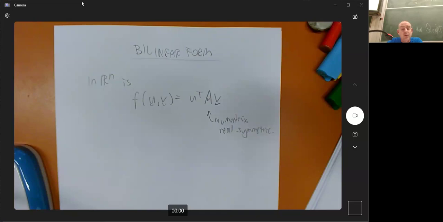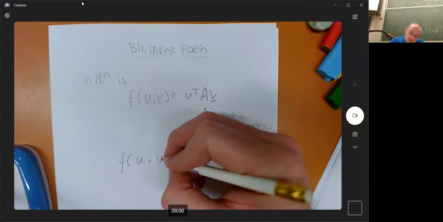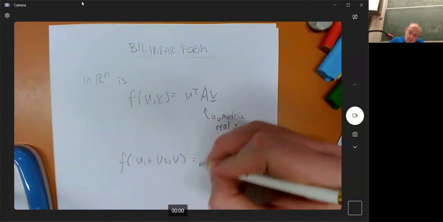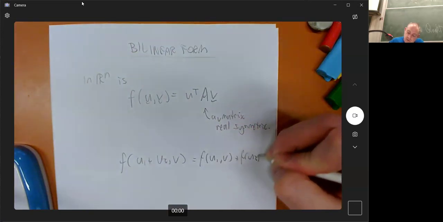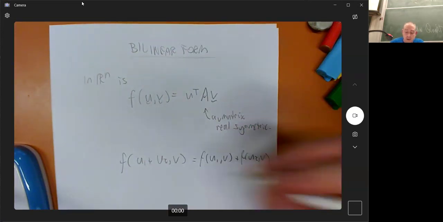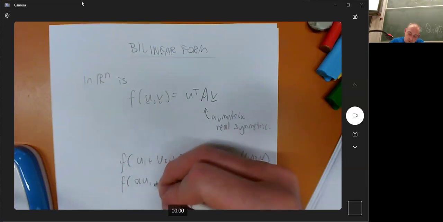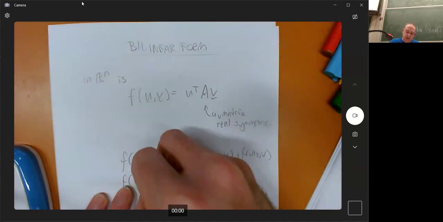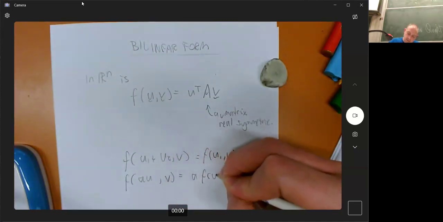You put two vectors in, but when they say bilinear, it means that you can expand it out over plus in either coordinate. So f of u1 plus u2 and v comes out to f of u1 and v plus f of u2 and v. And f of a u and v is a times f of u and v.